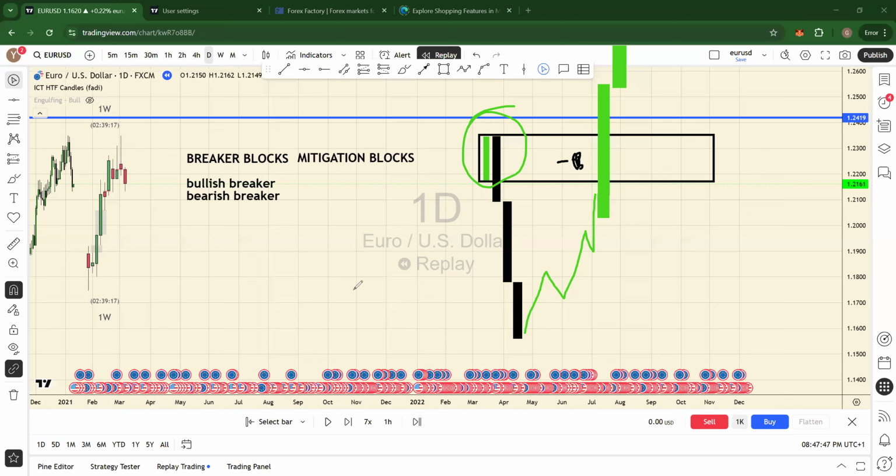It's just like the explanation that I gave to you guys concerning what? Support and resistance. Now, this order block here was a resistance area. All right, it was a resistance zone. Now, since the resistance has failed, it has now to become a support. So when price comes back to this now, to this order block, we now call it a breaker block.